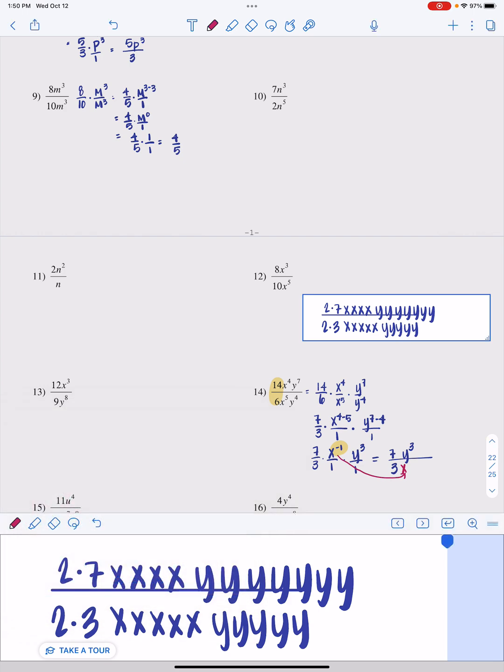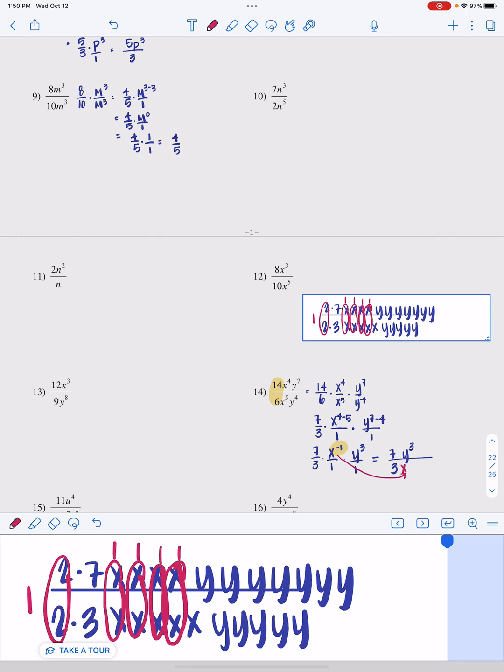And then I'm going to use the idea that anything divided by itself is 1. Those 2's make a 1. Those x's make 1's. Those y's make a 1.